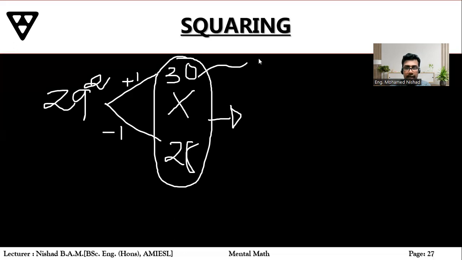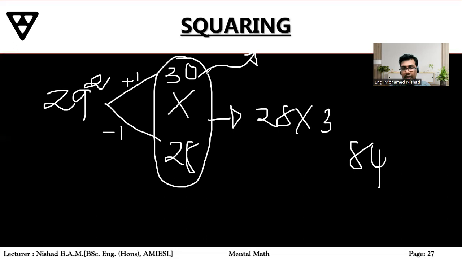So then it should be 3 times 28. 28 times 3, how much will it be? 20 times 3, it will be 60. 8 times 3, it will be 24. So then it will be 84. And then after that you have to recall that 0. So then that 0 will come like this. So 840 is the answer for this multiplication.